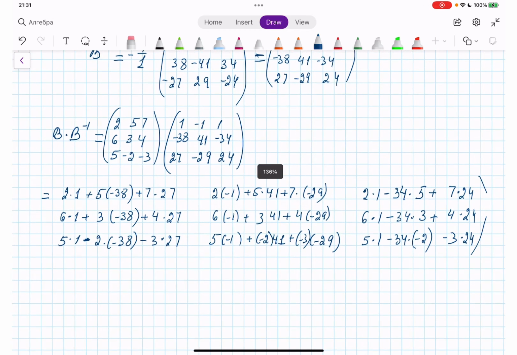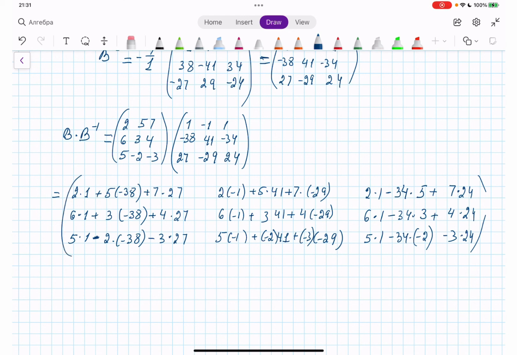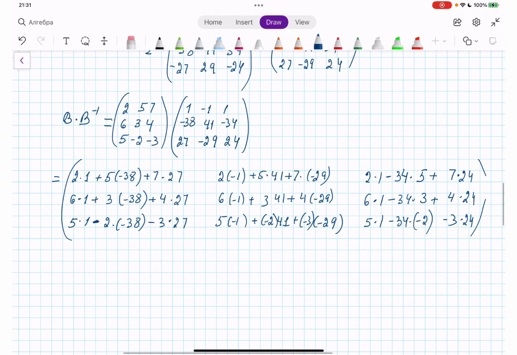Okay, we got it. So if you do the operations, you are going to get 1, 0, 0, 0, 1, 0, 0, 0, 1. So let's check just out of curiosity. This one should be 0.